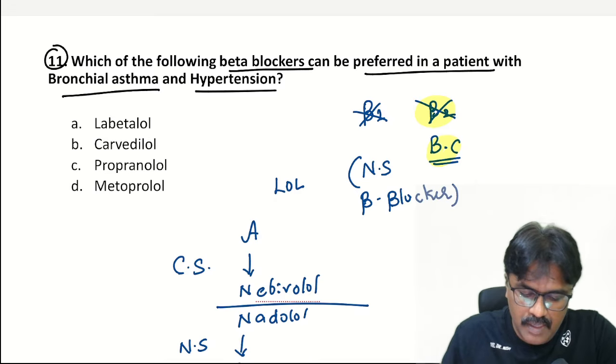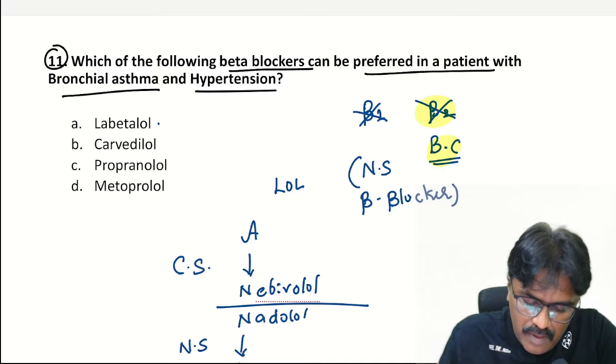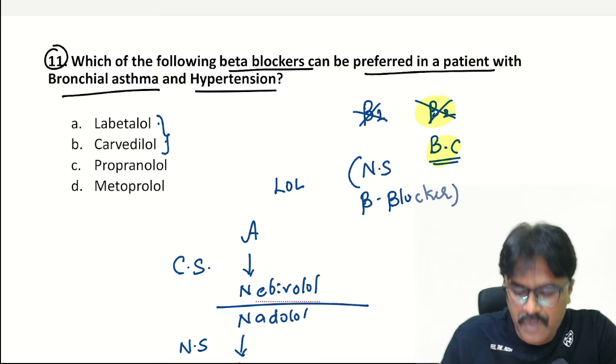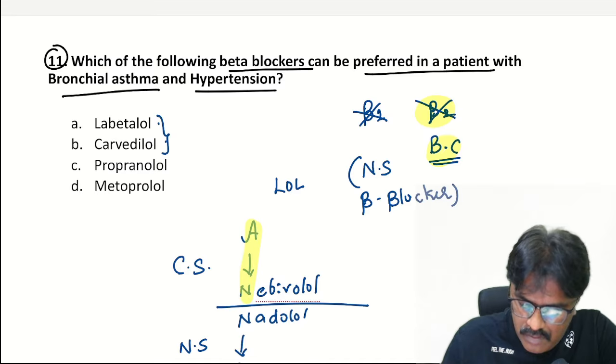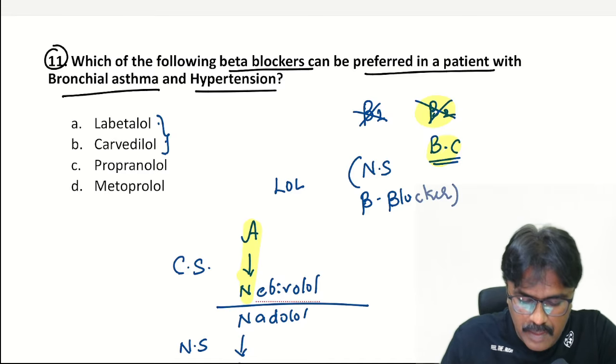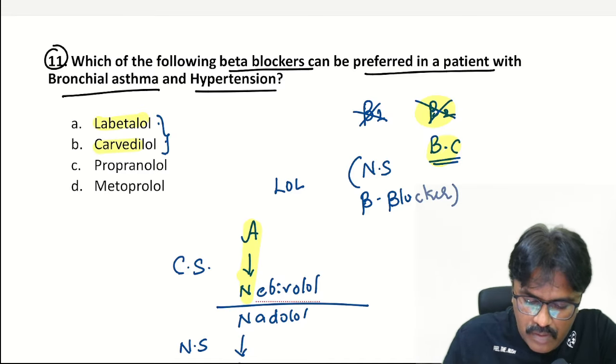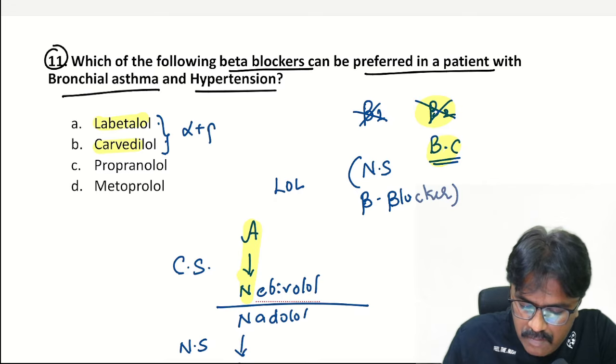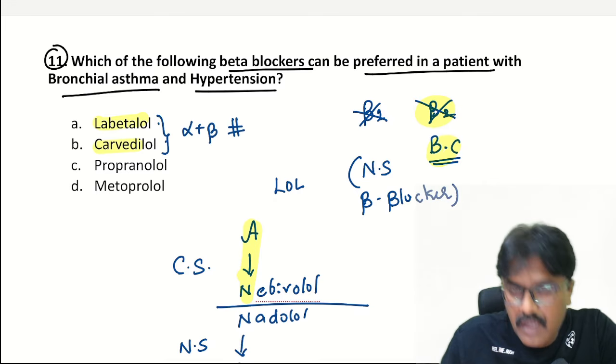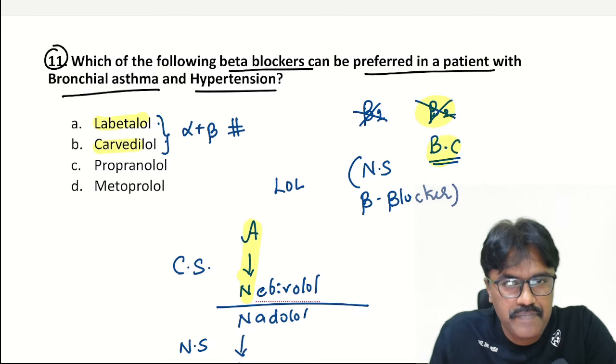So according to this, can you rule out? According to this, we feel labetalol and carvedilol are also answers, but no, because these are also non-selective. For this A to N rule that I told you, labetalol and carvedilol will not come under the rule because they are alpha plus beta blockers. That means they are non-selective.